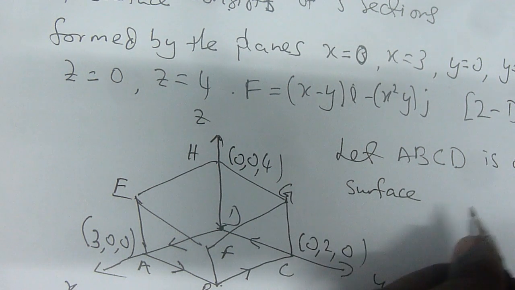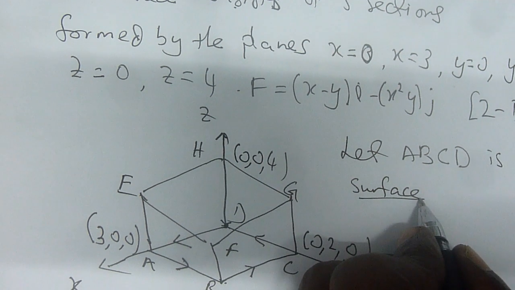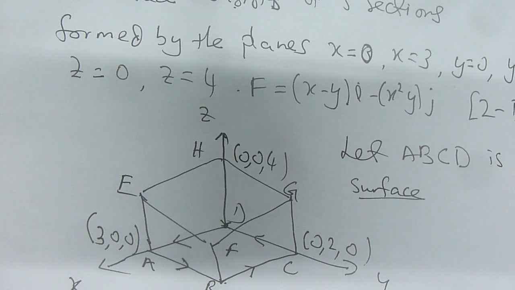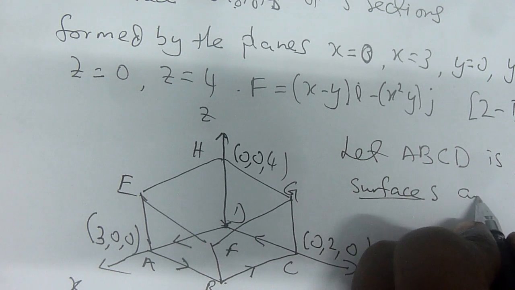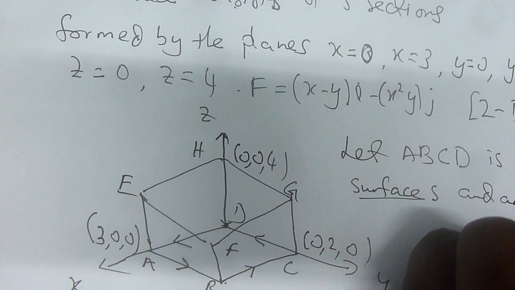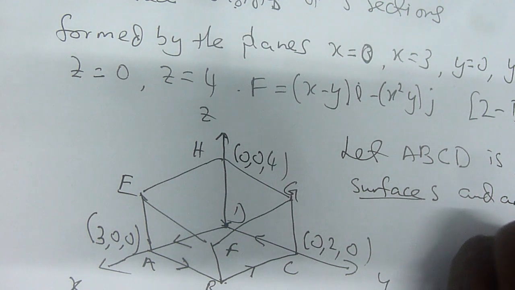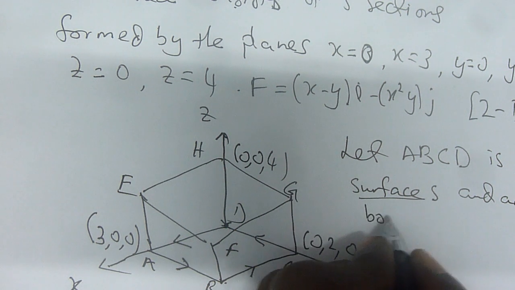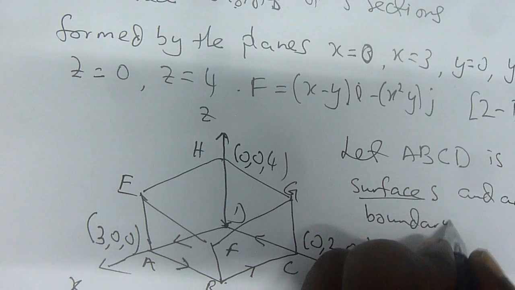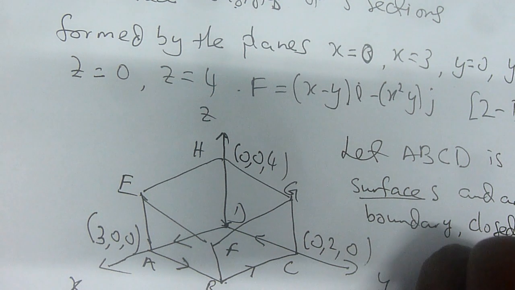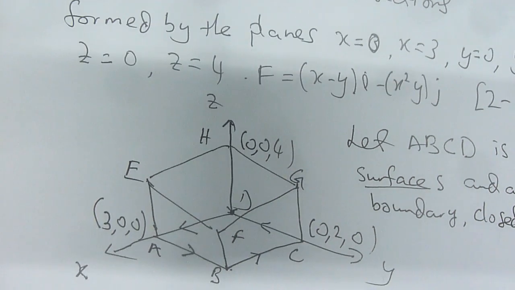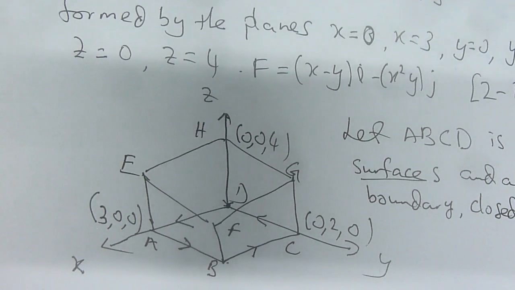And you must remember, if it is an open surface, it must also come together with one more piece of information: the open surface and around it, its boundary. This is what I call a virtual closed curve C. This is what I want you all to understand.